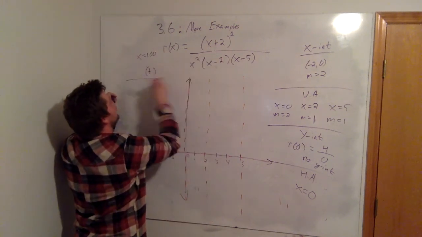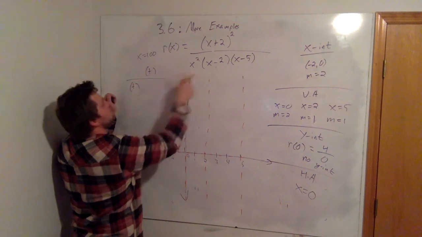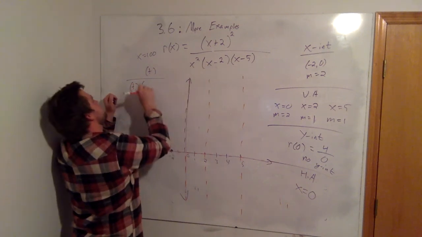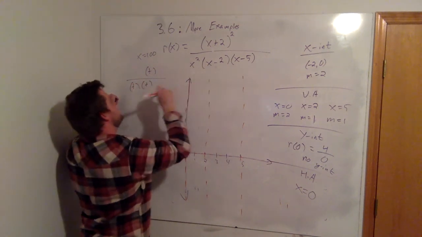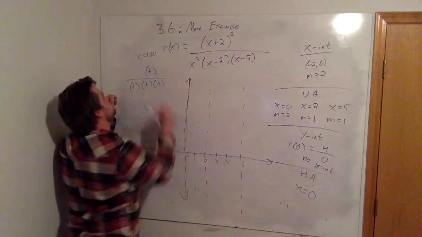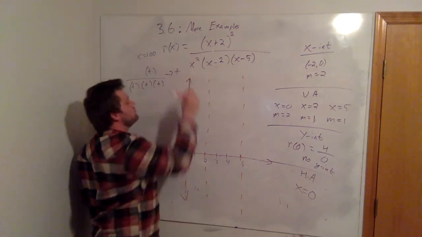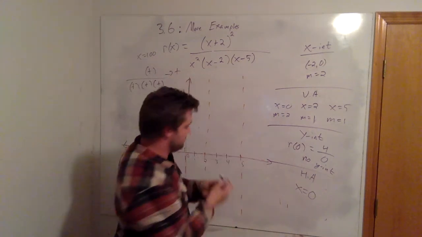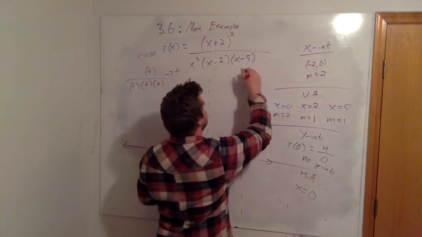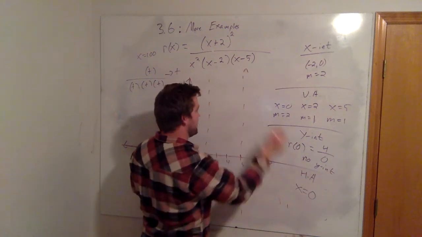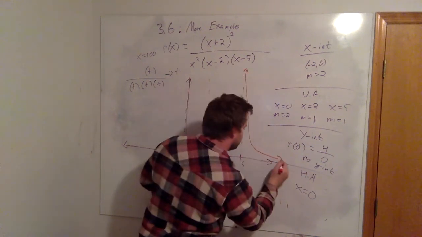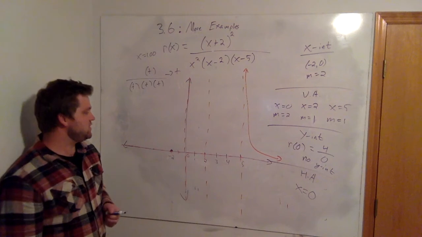If I take 100 and square it, I get something positive. If I take 100 and subtract 2, I get something positive. If I take 100 and subtract 5, I still get something positive. So I'm going to get out a positive value, and the graph is always positive over here. So the graph has to be staying above the x-axis from 5 on.